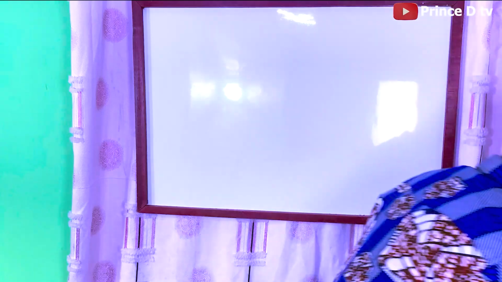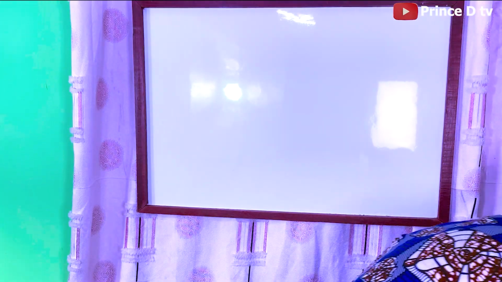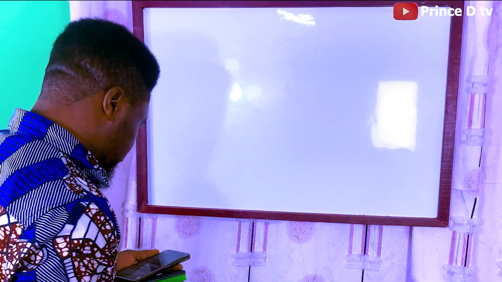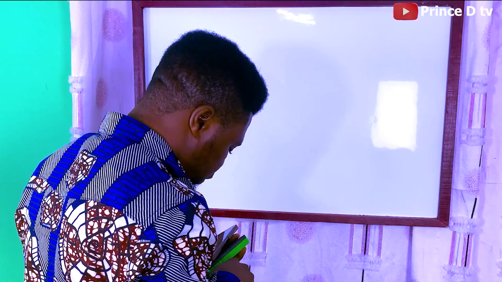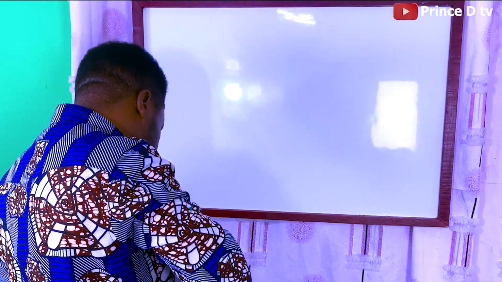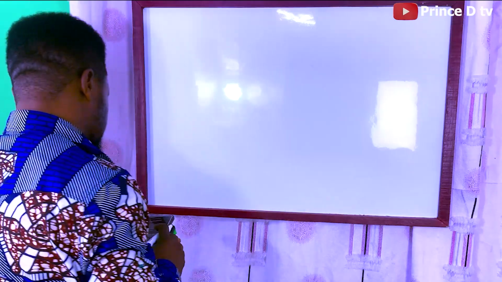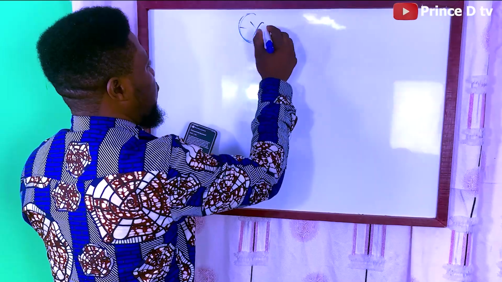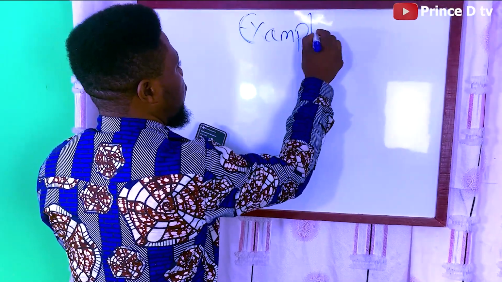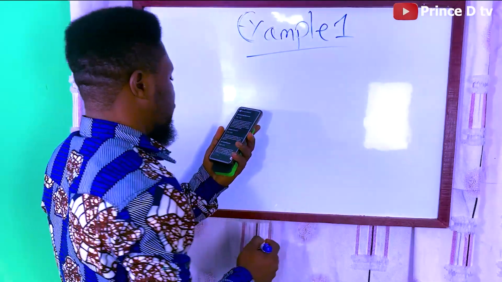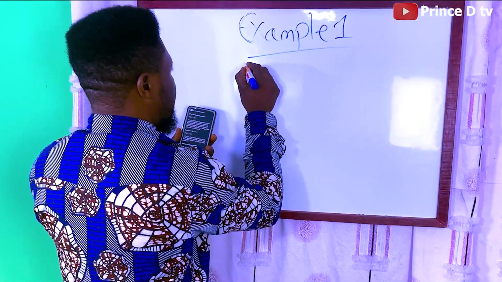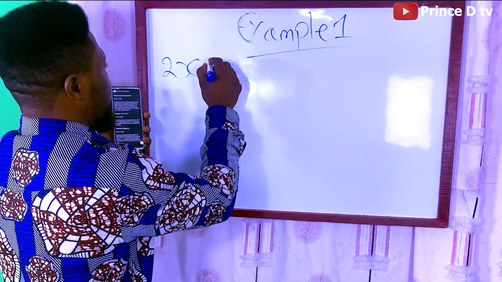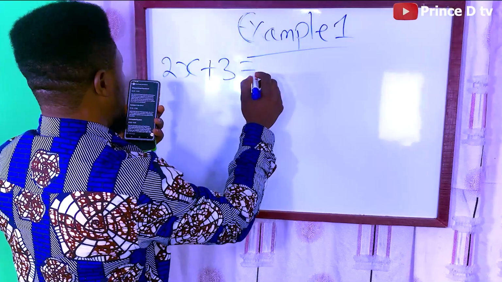So we'll be looking at our first example. Example 1: 2x plus 3 equals 7.